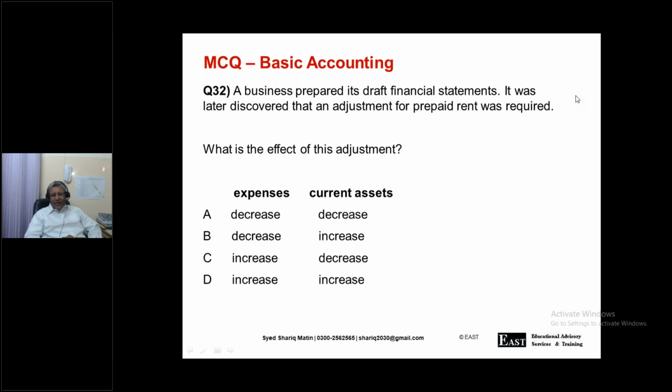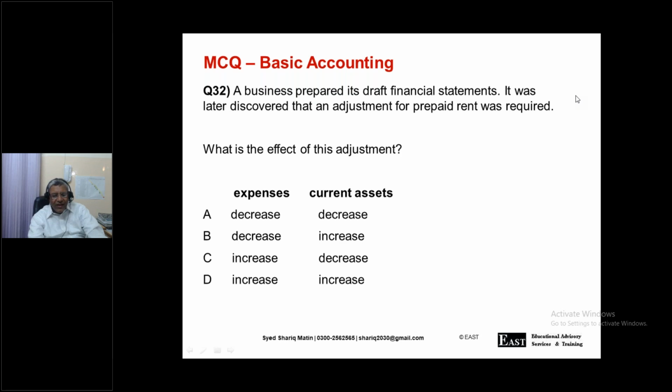Expense will decrease, but in current assets, prepaid is our asset. It's a receivable. So it will increase our current assets, and as Shapar said earlier, prepaid is for the next year, so it will not be added in this year's final income statement. So it will be subtracted from the expenses. So the answer will be B. Expense will decrease and current asset will increase.